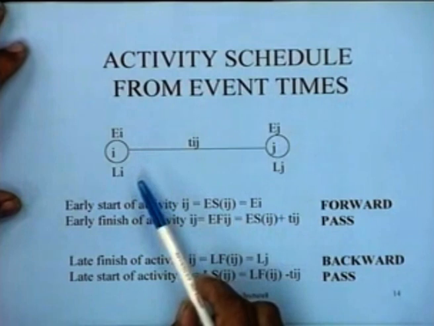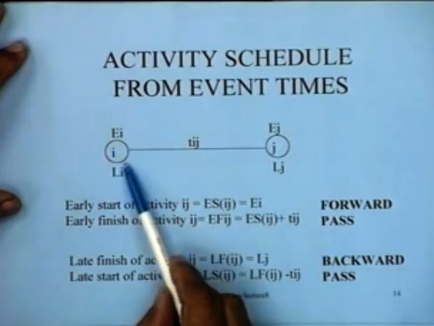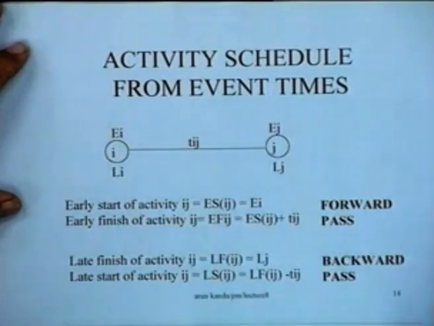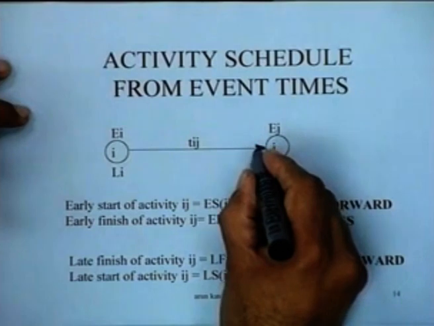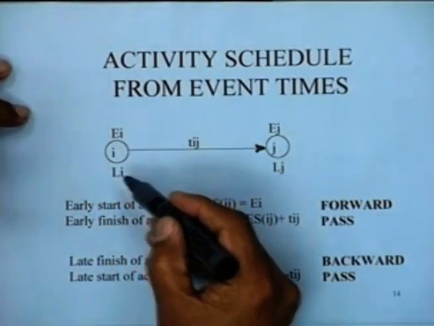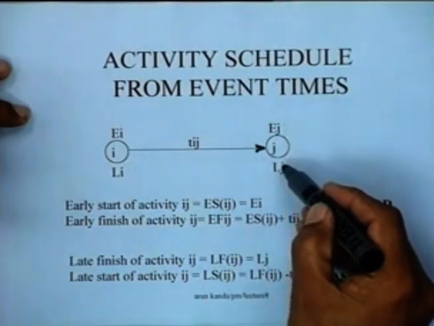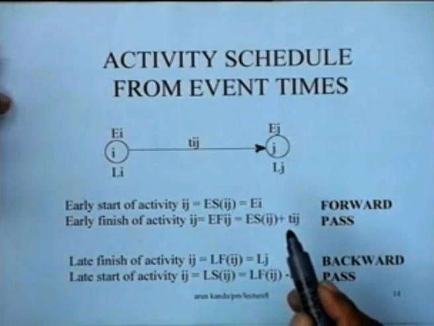So the logic really that we would have to use is simply that for each activity which goes from i to j in this particular manner, we have been able to determine the earliest occurrence time and the latest occurrence time, both the predecessor and the successor node for each activity.